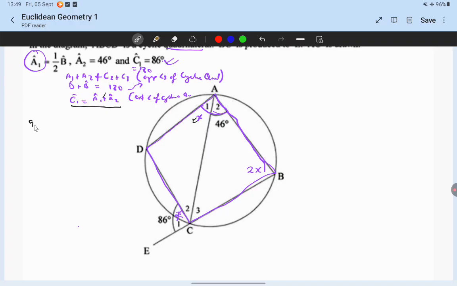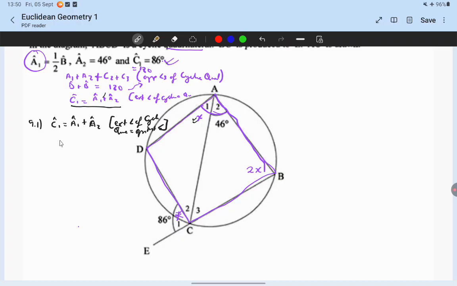So we can just quickly say on our 9.1 that angle C1 is equal to A1 plus A2. And what will be the reason? Exterior angle of a cyclic quad is equal to the opposite interior angle. So now you are done with the reason.